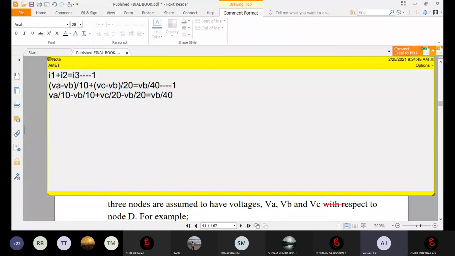Guys, is that clear? Yes, sir. This is equation number 2.